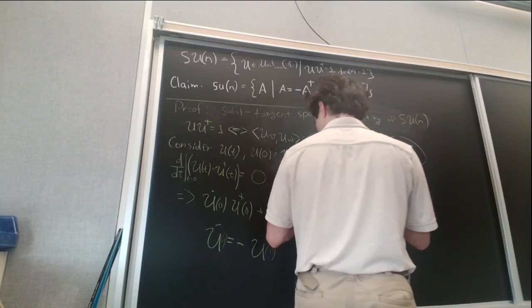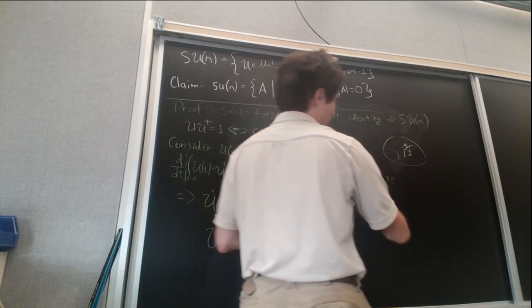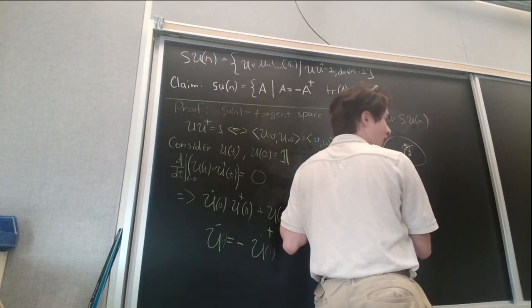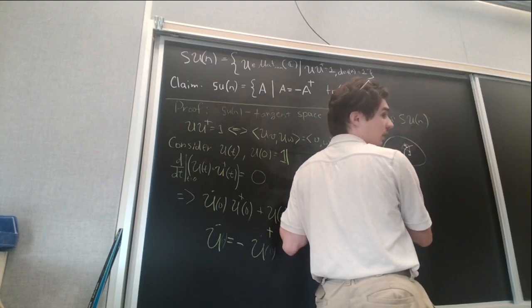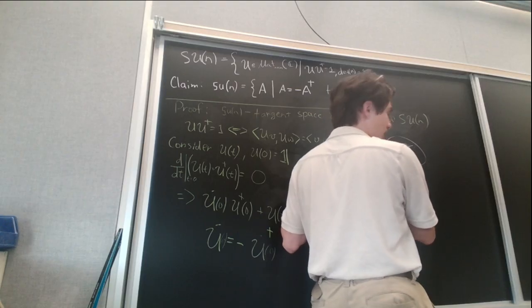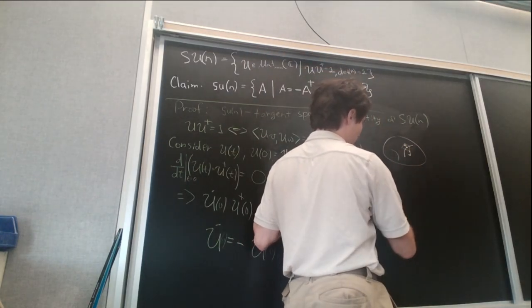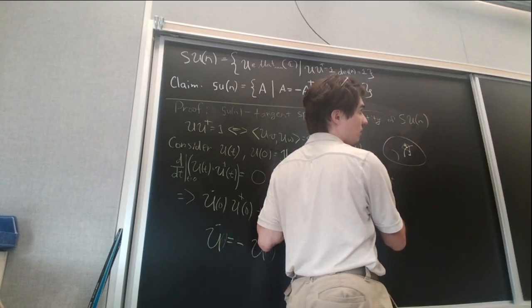And so this thing has this property, but then this thing does not have this property necessarily for t not equal to 0. At t equals 0, this is just the identity, and this has this property and everything's fine. At t not equal to 0, if you take the dagger of this, you're not going to get minus of itself.